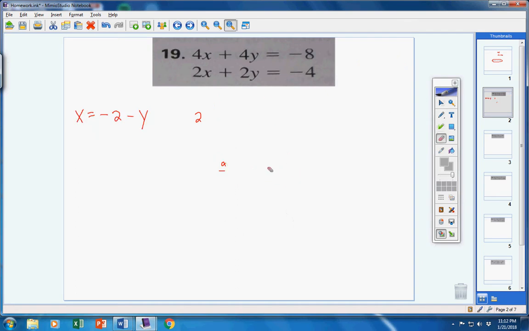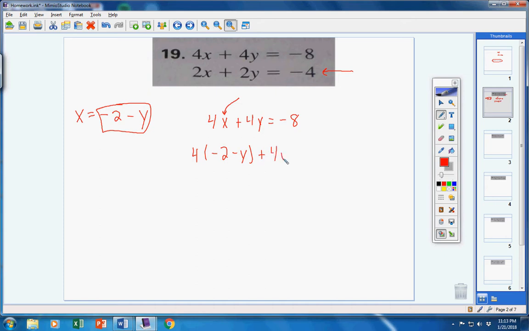Now remember, you used this equation here, so now you must use the other equation, okay? 4x plus 4y equals -8. So where the x is, I'm going to substitute -2 - y. So 4 parentheses -2 - y, plus 4y equals -8.